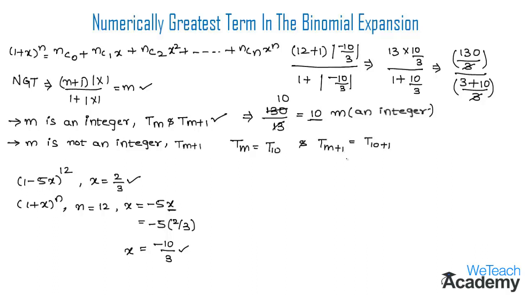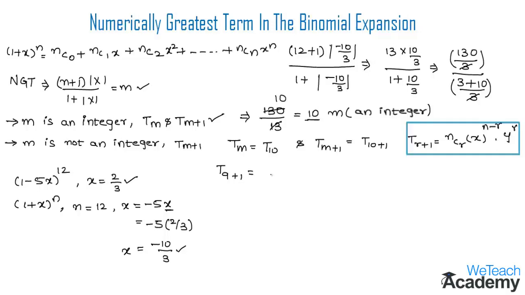Now let us find the value of t10, that is the 10th term. So we can write t10 as t9+1. In order to find the value of t9+1, we have the formula t(r+1) equal to nCr into x^(n-r) into y^r. Now let us replace the values of n, x and y.